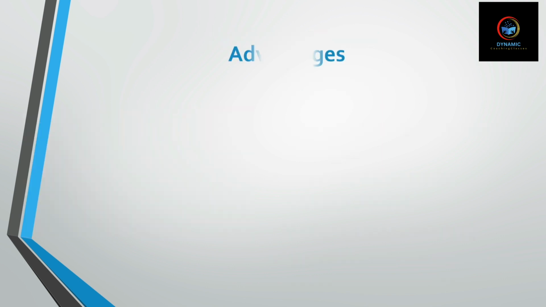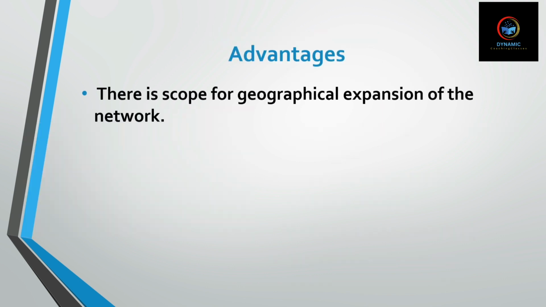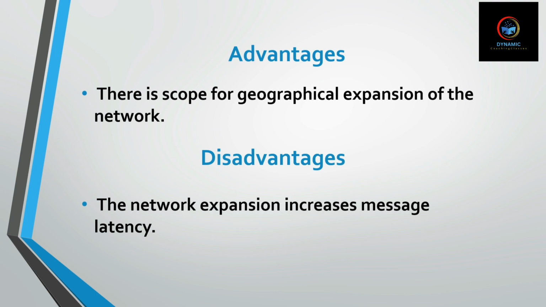What are the advantages? Basically, there is scope for geographical expansion of the network. Because of the router, you can expand the network established by the coordinator. That is one advantage. The disadvantage is that network expansion increases the message latency, which means the message is delayed.